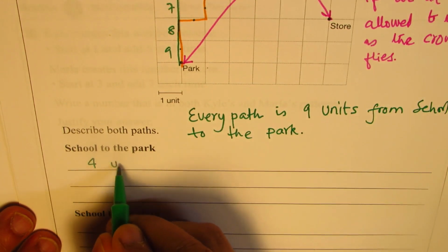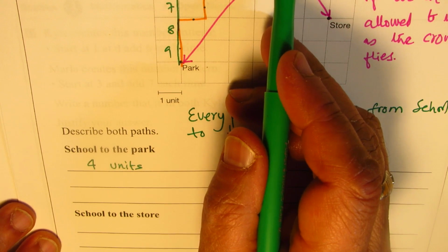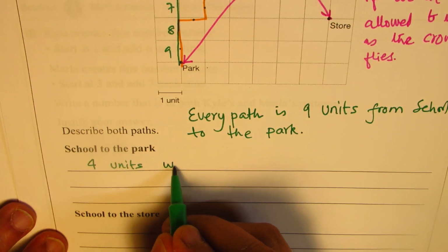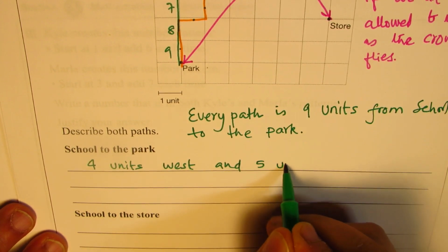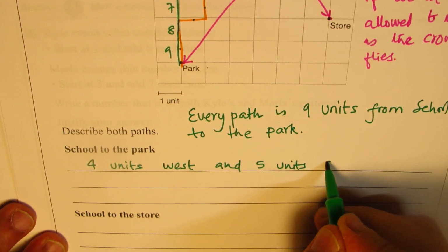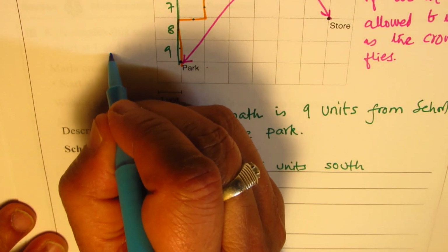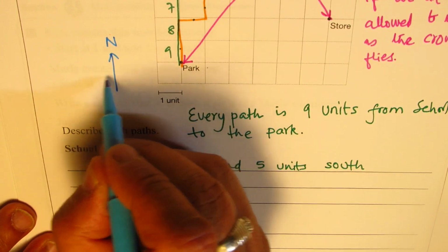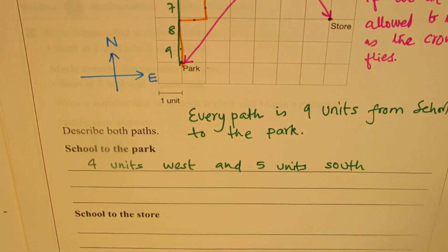So you can go 4 units west from the school and 5 units south. So you could describe like this, where the north for us is in this direction, correct? And east in this direction. Does make sense to you?